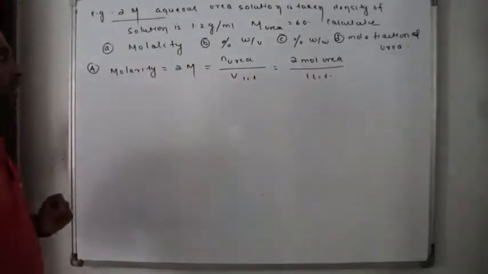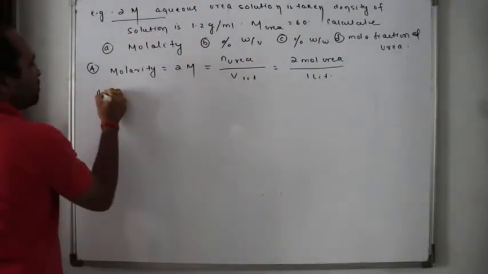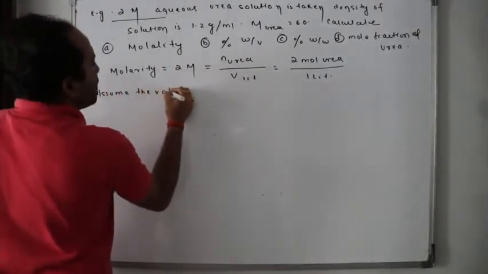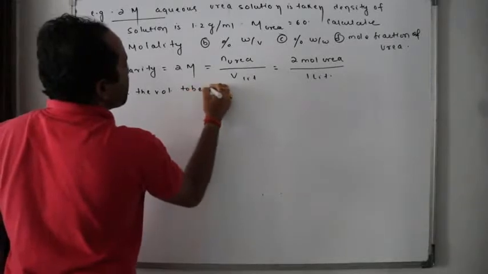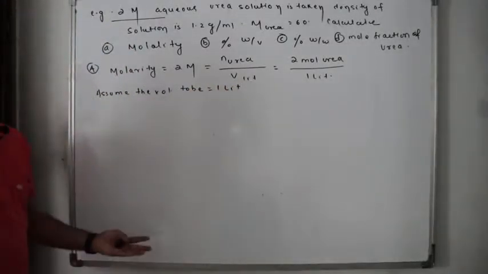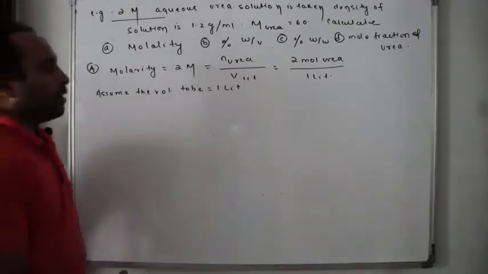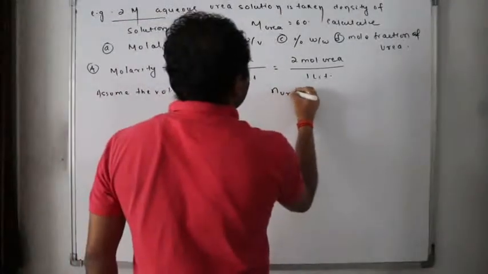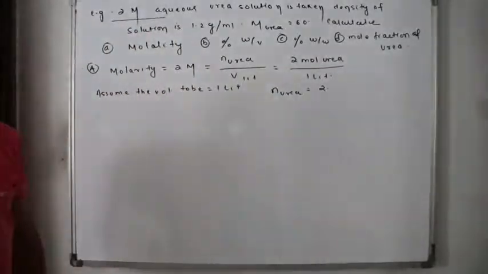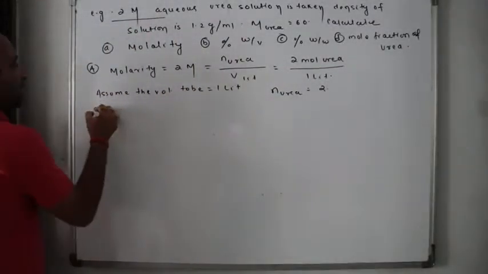Now, if I assume the volume to be 1 liter, now everything is done. If volume is 1 liter, so number of moles of urea is 2, isn't it? Now, let me analyze it.